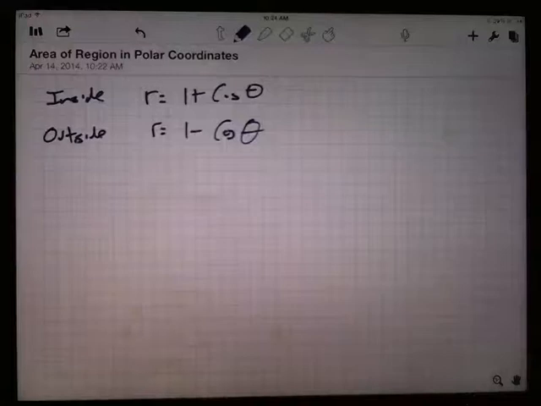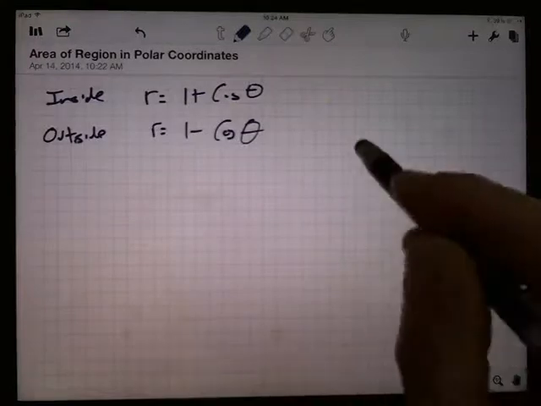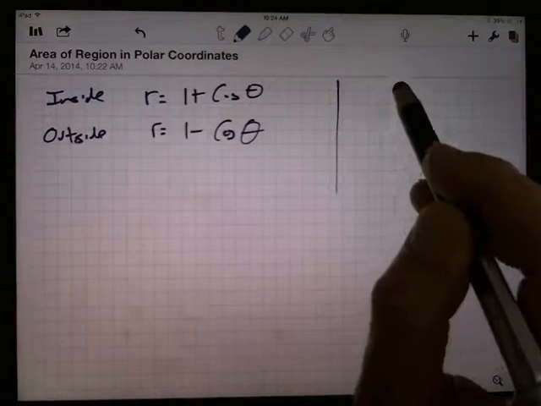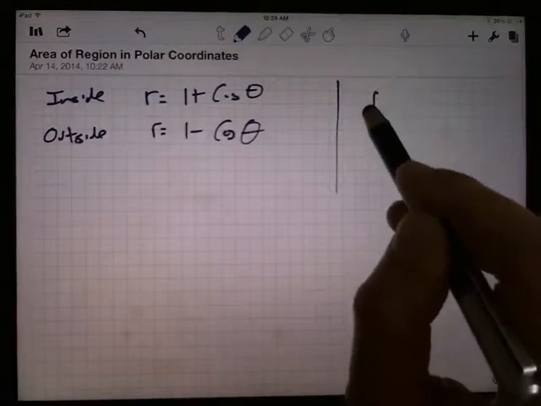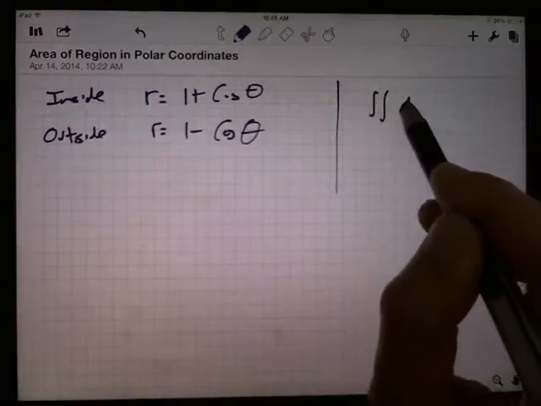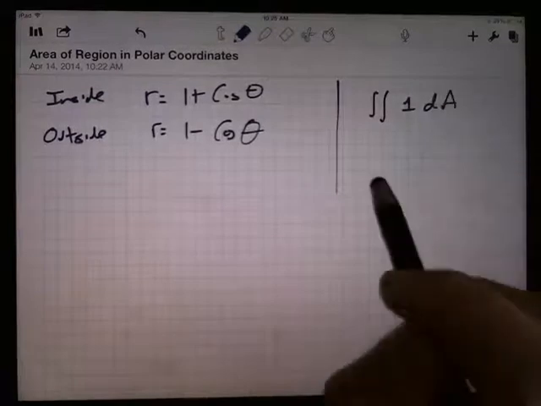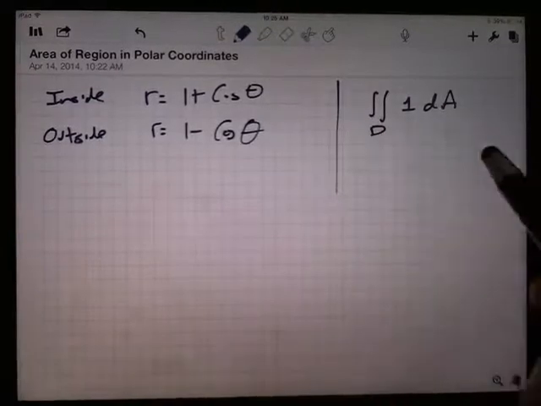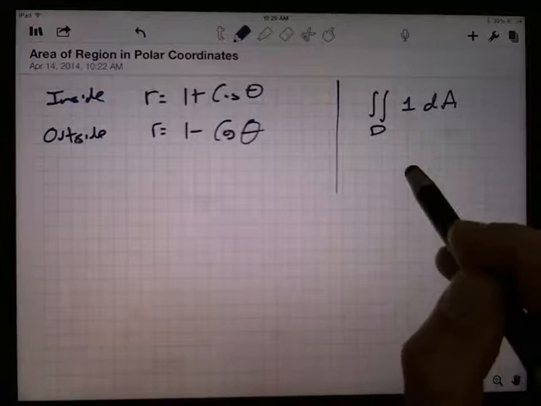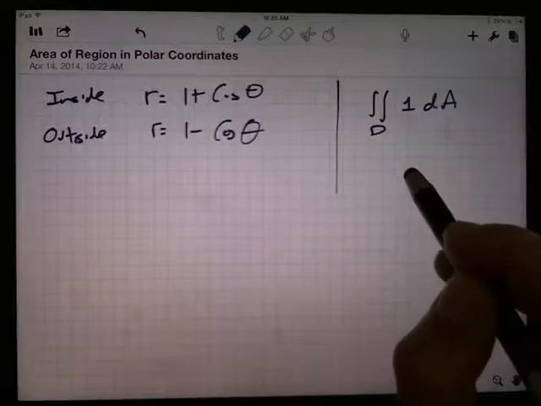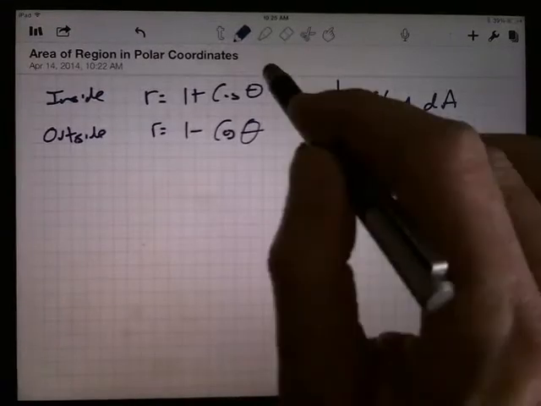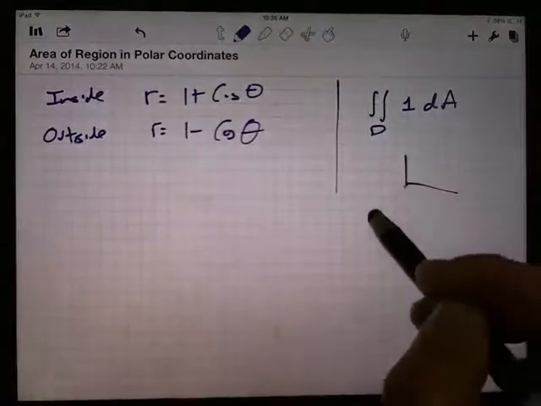I want to use a double integral in polar coordinates to calculate the area of a region. First of all, let me point out that we can do this because if we think of the double integral of the function 1 dA over some region D, we have been thinking of this as volume.